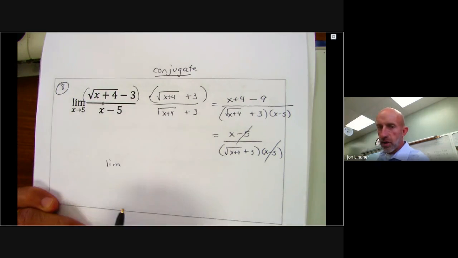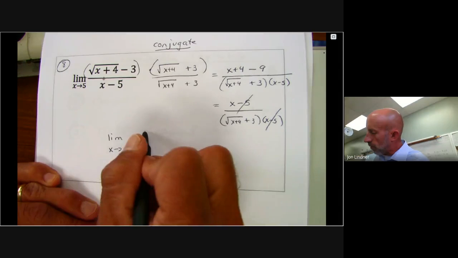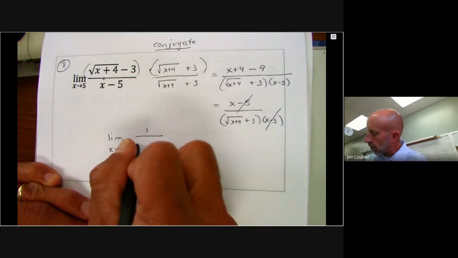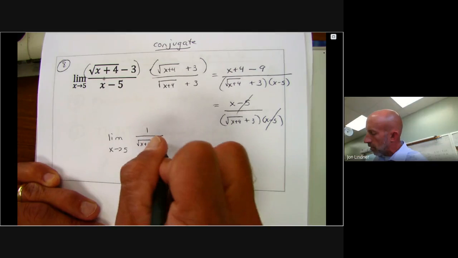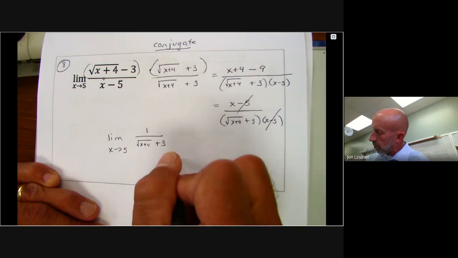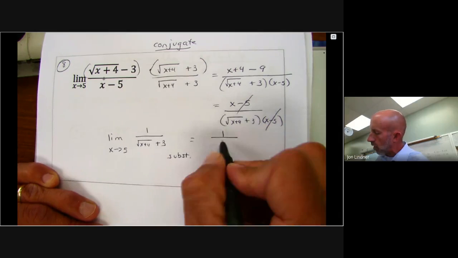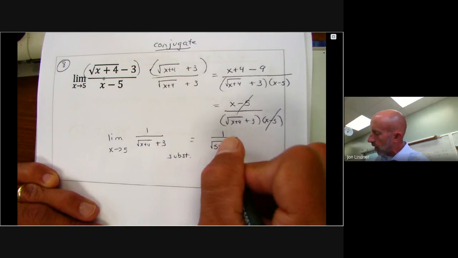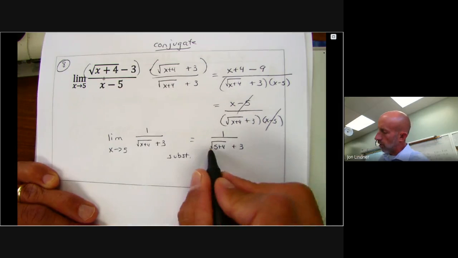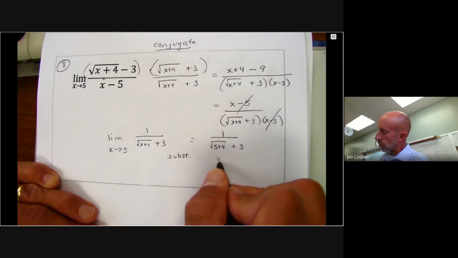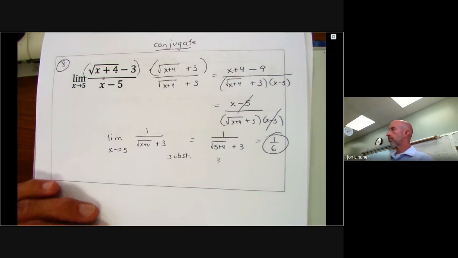Now I just have the limit as x approaches 5 of 1 over the square root of x plus 4 plus 3. Now I can substitute, and I have 1 over the square root of 5 plus 4 plus 3. The square root of 5 plus 4 is the square root of 9. This is 3. This thing will be 1/6.